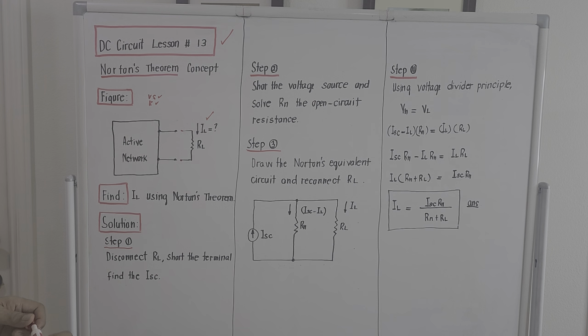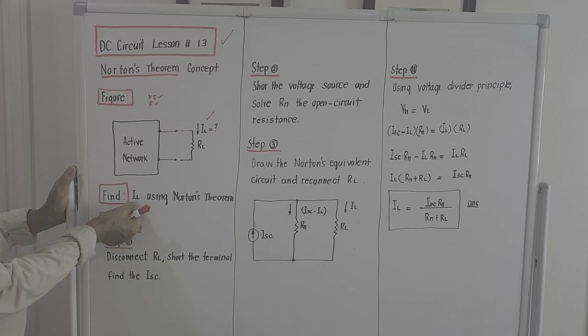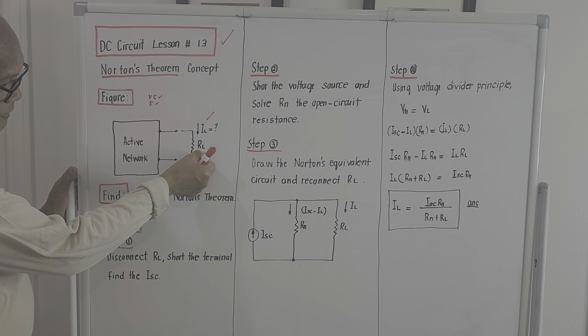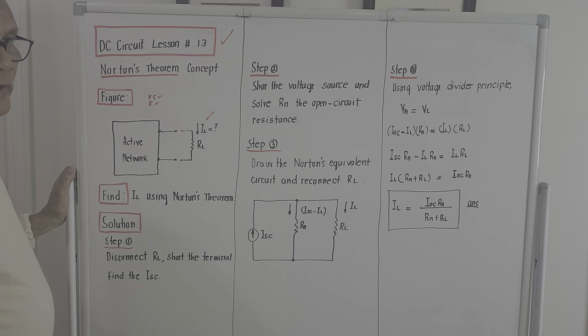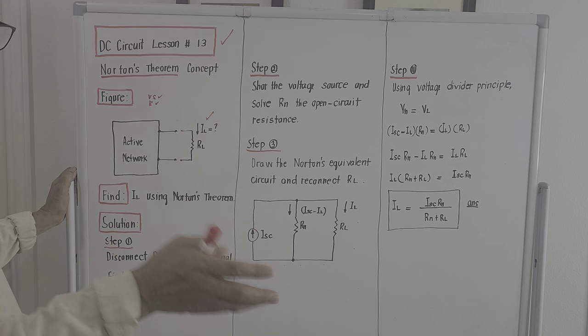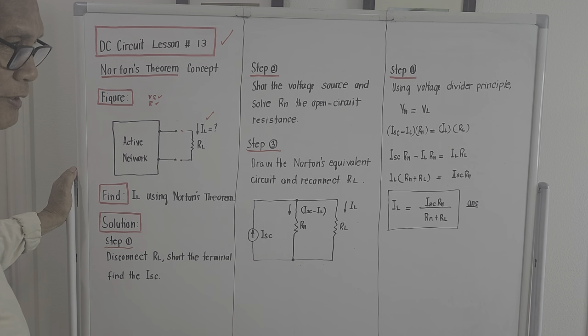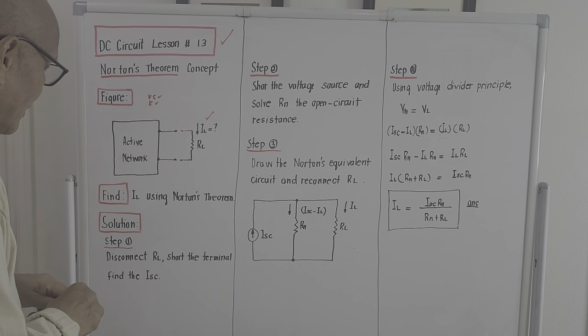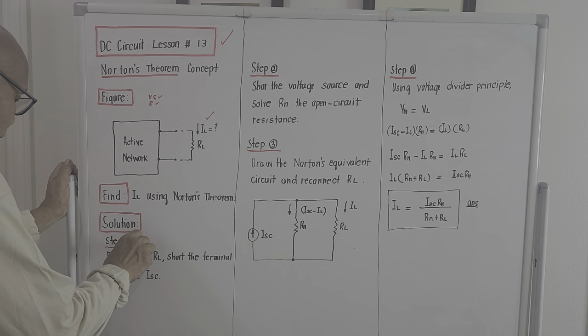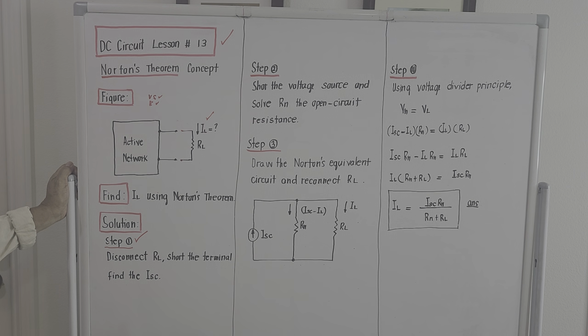Okay, Norton's Theorem. So in here, the requirement is what will be IL for that RL using Norton's Theorem. There are actually 3 steps on how to bring out the concept of a Norton's Theorem solution. Okay, let's try to bring out the solution. Step number 1. Disconnect RL.